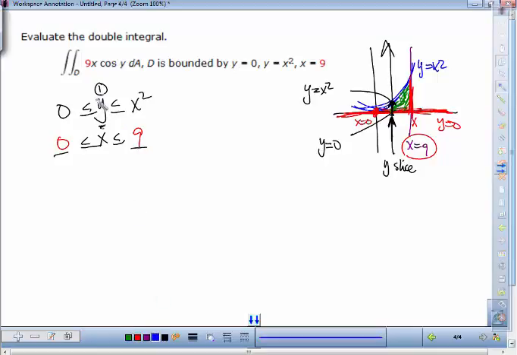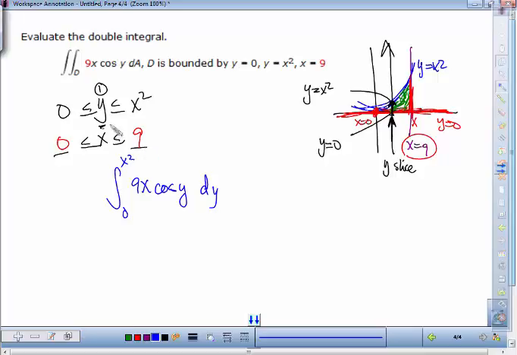All right, so here's your integral. Let's write the integrand first, 9x cosine y. And the inner integral is with respect to y. Well, remember that when we write down our limits, because the limits are not constant, it's not going to happen so easily.